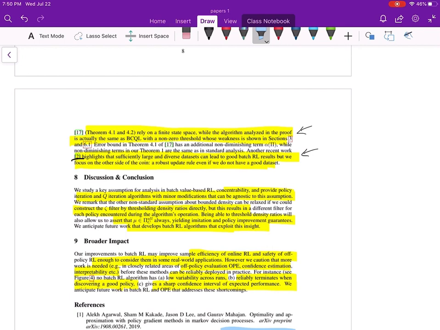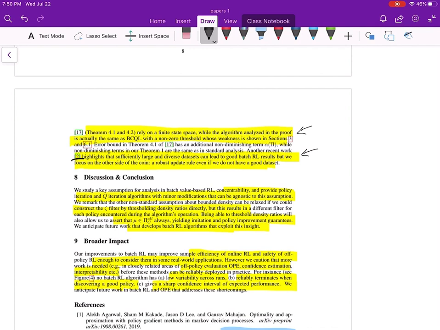Let's end this video by discussing the last few sections, which are the conclusion section. I think I have repeatedly talked about these things in the earlier sections, so I'll just skip this. Maybe the broader impact section will have something.